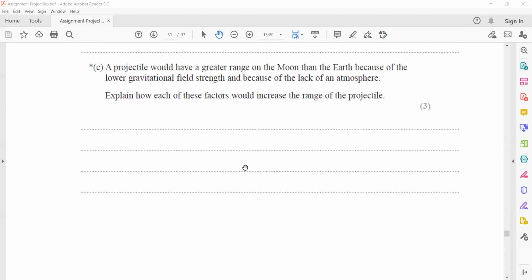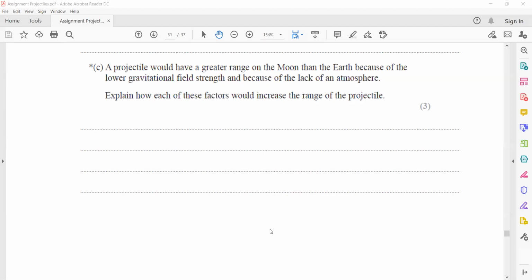Then a projectile would have a greater range on the moon than that of Earth because of lower gravitational field strength and lack of atmosphere. How would each of these factors increase the range? Actually, it's the same thing. They asked how air resistance and the vertical forces affect the range.